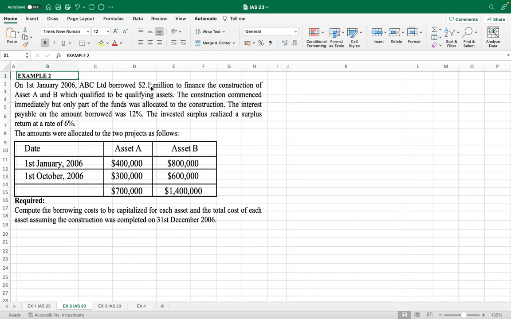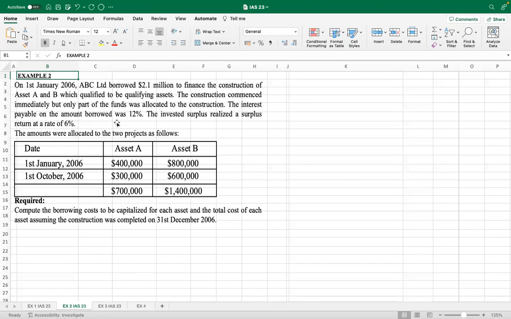Let me explain. We borrowed 2.1 million to finance construction of two assets, asset A and asset B. The interest paid on the 2.1 million was at a rate of 12% per annum. Because we did not use the entire 2.1 million in January, any amount not used was being invested, and the return on investment was 6%.